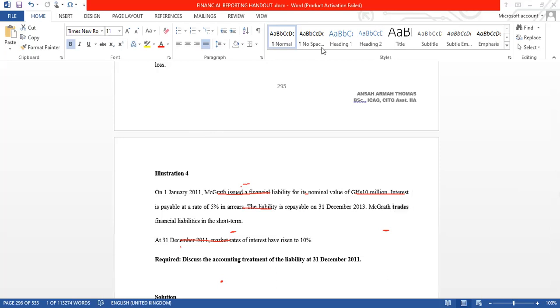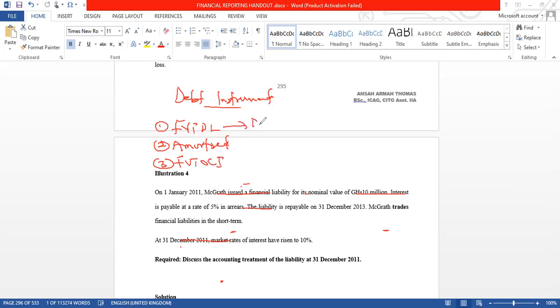Now, what we said was that we singled out some debt instruments. And we said that for debt instruments, our subsequent measurement is, one, fair value through P&L; two, we have amortized cost; and three, we have fair value through OCI.